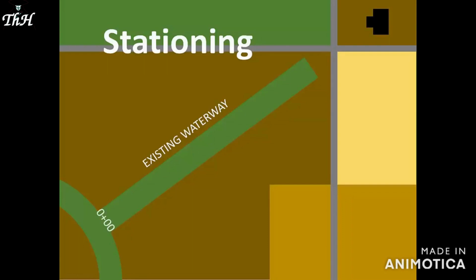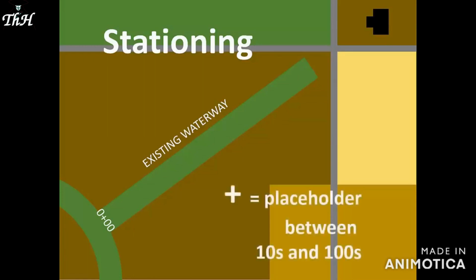The plus sign in this station is a placeholder between the tens and 100s places. The plus sign identifies this number as a location, just like the highway mile marker. By measuring along the waterway center line, we can mark a new station every 100 feet.